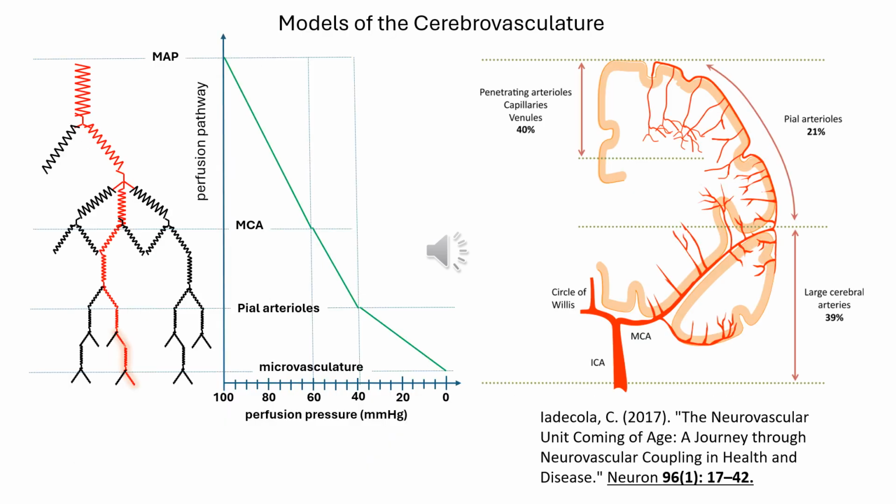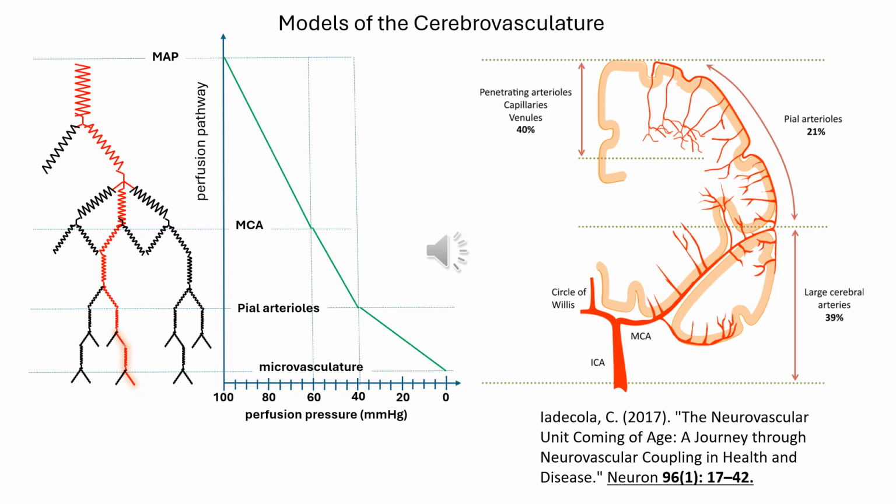Here is a portion of the simplified resistance model showing the perfusion pressures of the flow pathway. On the left, one flow pathway, the red line, through the cascade of resistances from the source arteries to the microvasculature. The glow effect indicates a decrease in resistance in order to increase blood flow in response to an increase in local metabolism via neurovascular coupling.